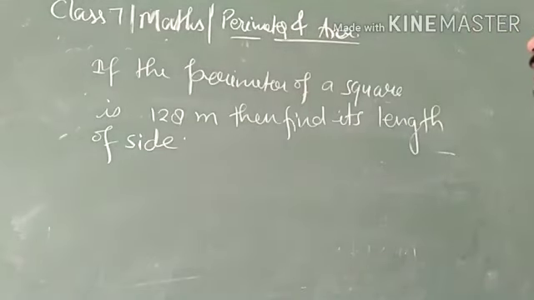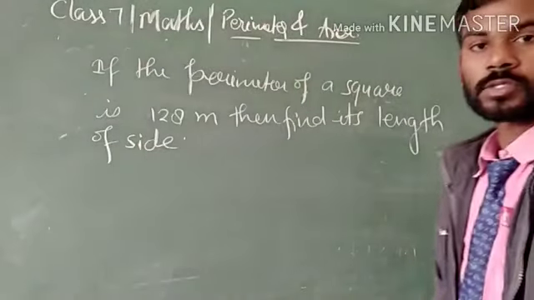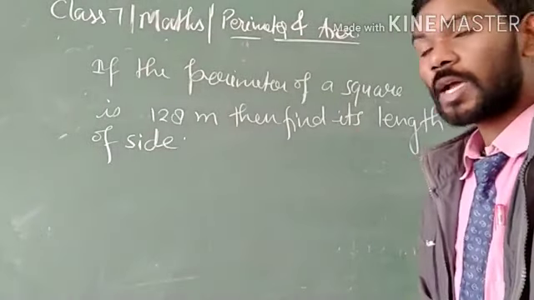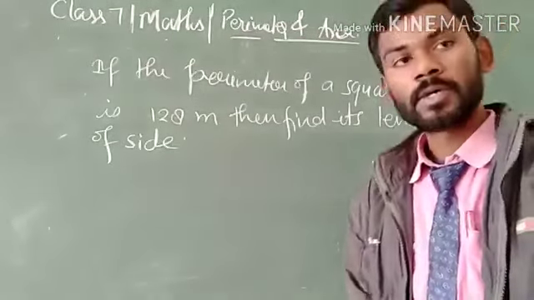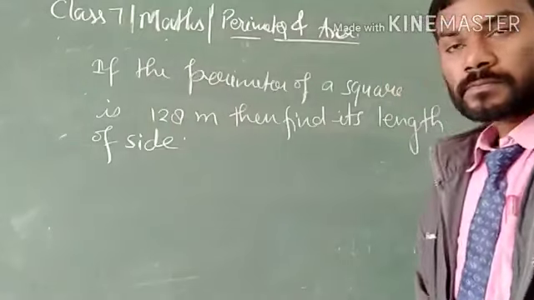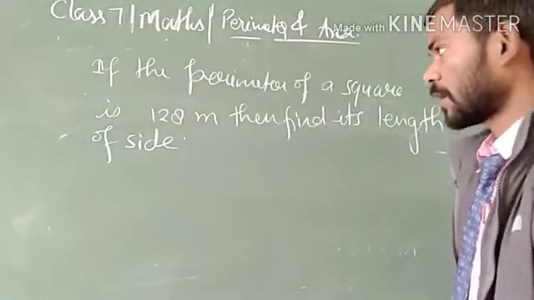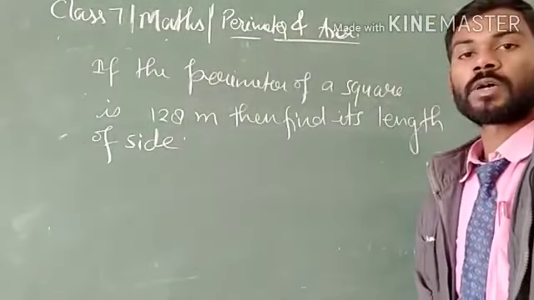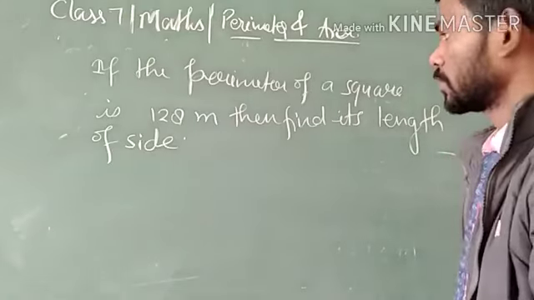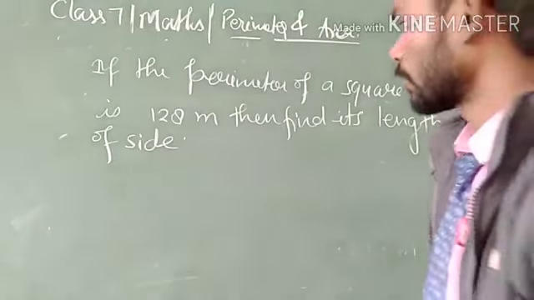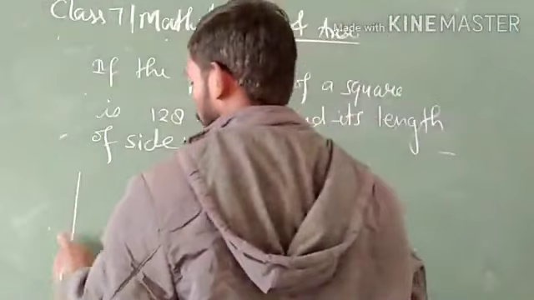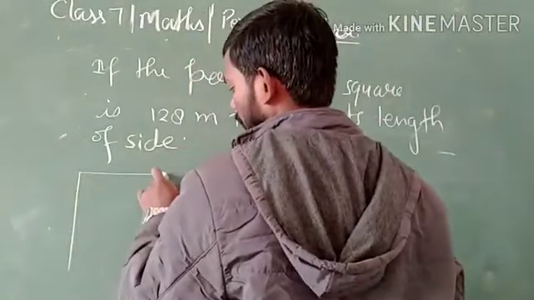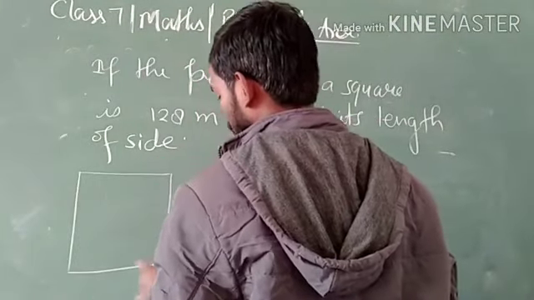In this question, the side of a square is not given, which means that we have to find the side of square. The perimeter that is given here is 128 meter. So let us see how we solve it. First of all, let's understand it with the help of the figure.